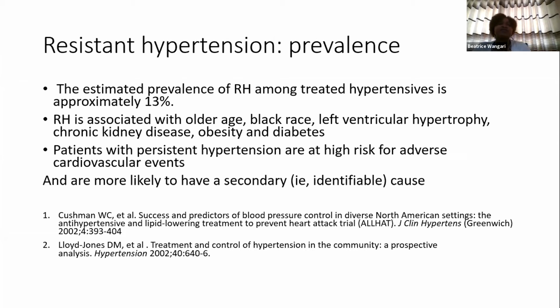You find that patients with resistant hypertension are more likely to have these other comorbidities compared to people who have controlled hypertension. They also tend to have a higher risk of adverse cardiovascular events, as mentioned earlier, and are more likely to have a secondary cause.